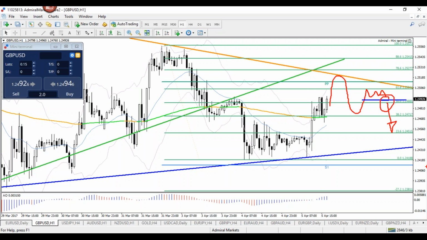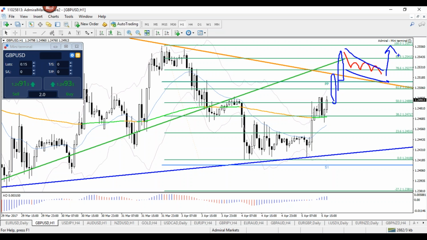All right? Or if price is, for instance, breaking to the upside like this, then as I already explained, look for instance for a triangle or a bull flag. I will be looking for a break of the bull flag to the upside.